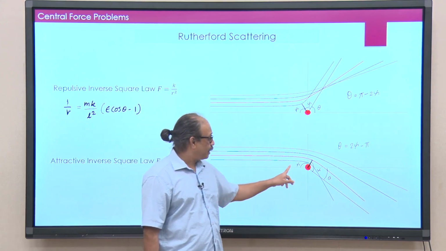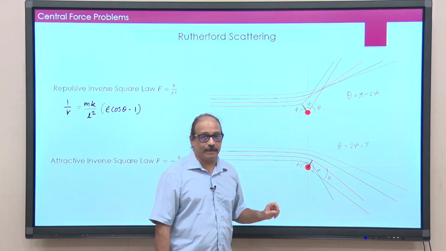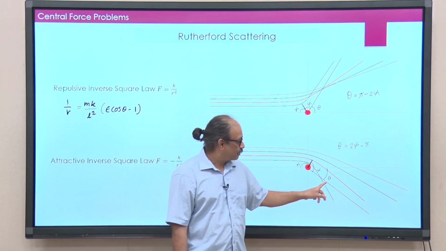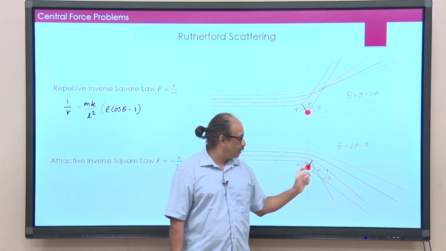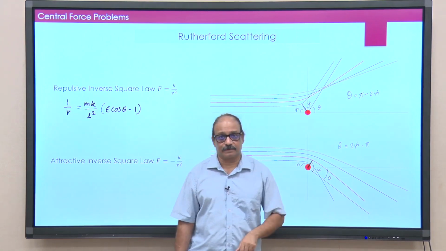The angle psi is measured from the incoming direction to the perihelion and the outgoing direction. Here you can see that the relationship between theta and psi is theta equals 2 psi minus pi. That is different from this.